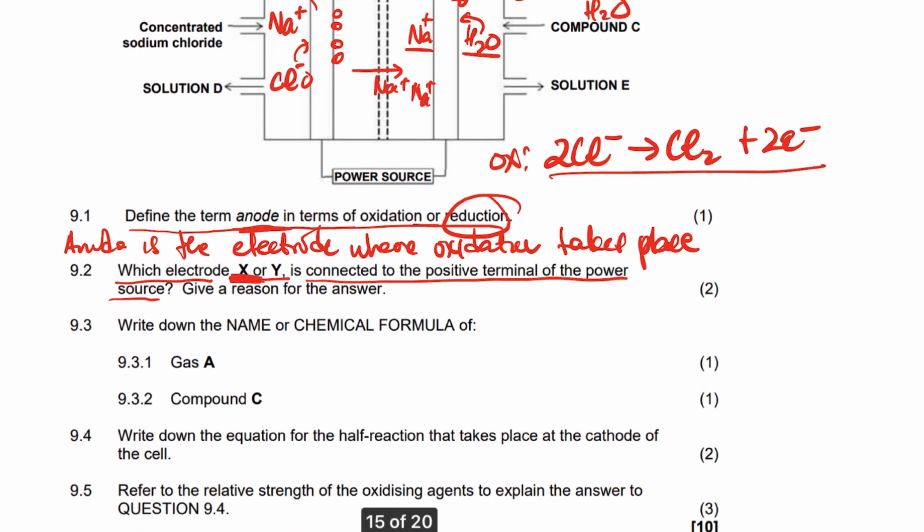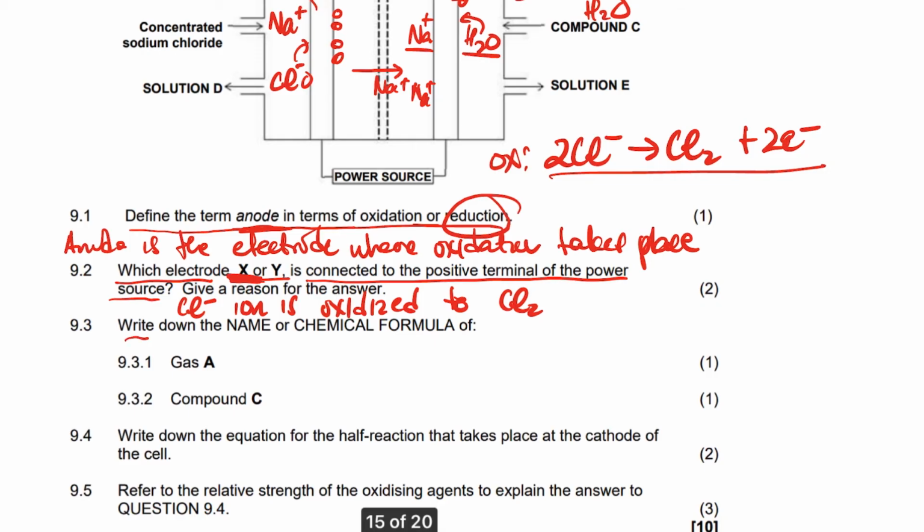So it's going to be electrode X. When they say give a reason for your answer, you will say chloride ion is oxidized to chlorine gas. There are so many ways you can say that. You can say the concentrated sodium chloride contains chloride ions which oxidize.